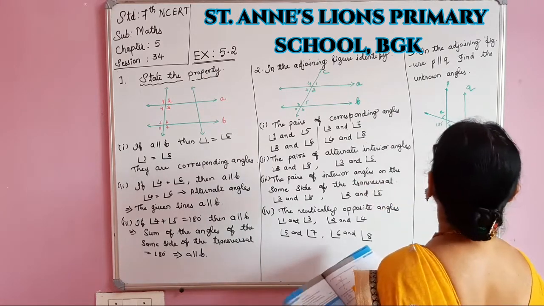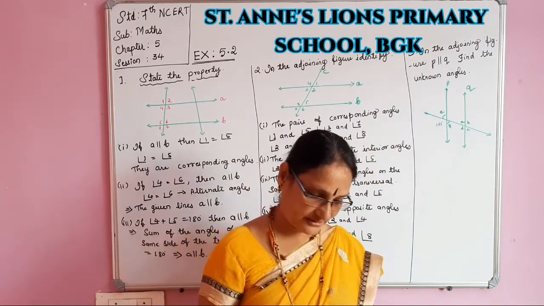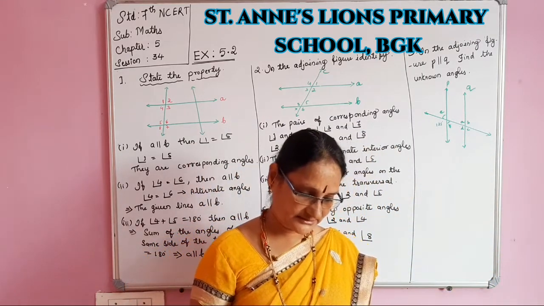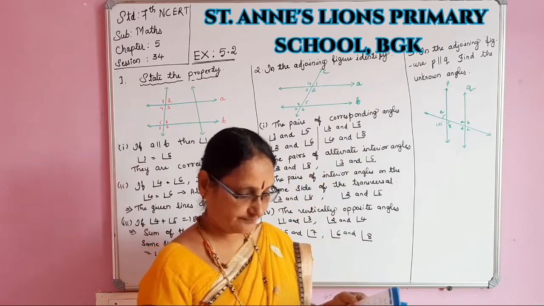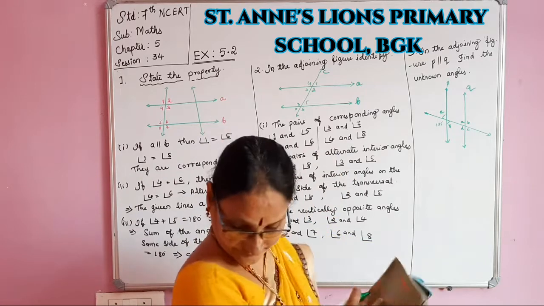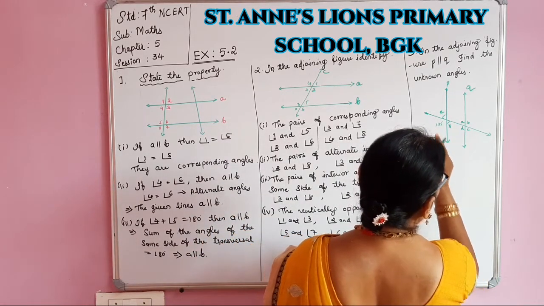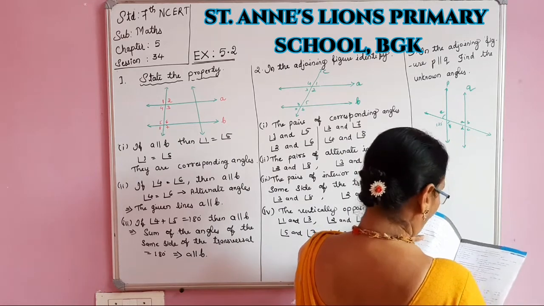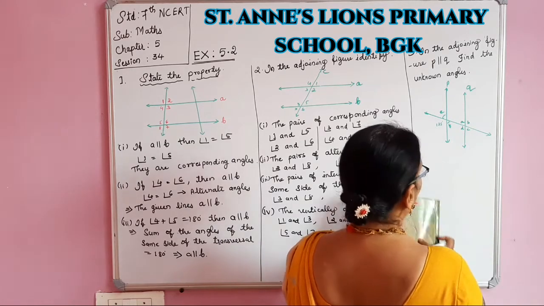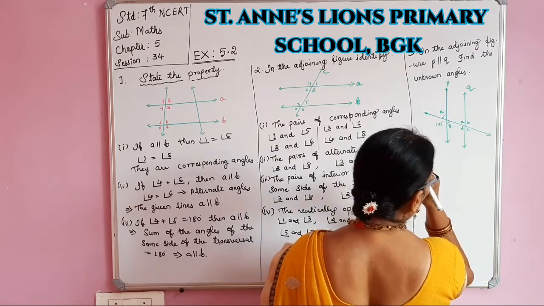They have given that P is parallel to Q and one angle they have given. Remaining all the angles we have to find out. See, angle 125. Okay, angle E equal to angle F. This is 125 and automatically angle D equal to 125.